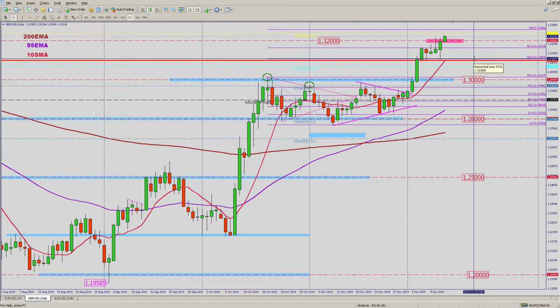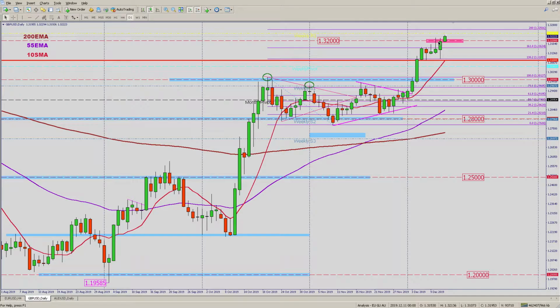It didn't go further down to the weekly pivot as I would prefer, but this is a good enough level to find support, and that's where it found support and bounced, trying to target the weekly R1 pivot.